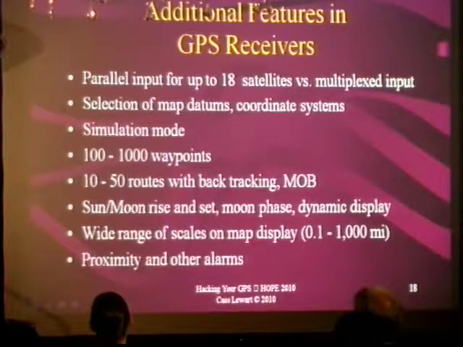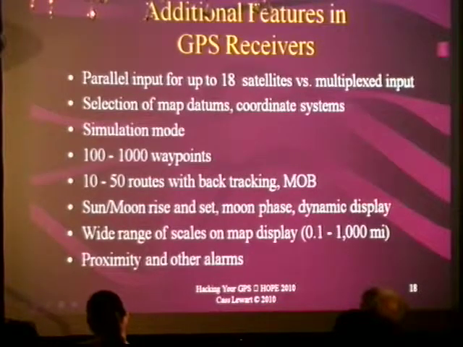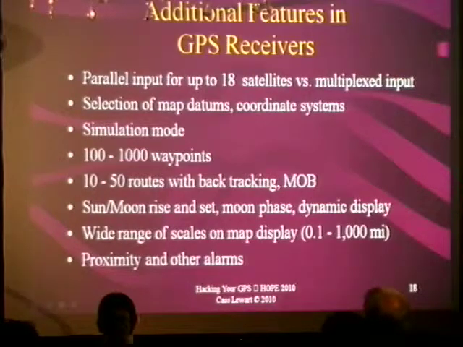Then you can store waypoints, which means individual points. You can store places where you are. You can store a track where you walked or where you drove. And you can recall it. You can build waypoints into routes. So then you have a number of routes. You can recall them.